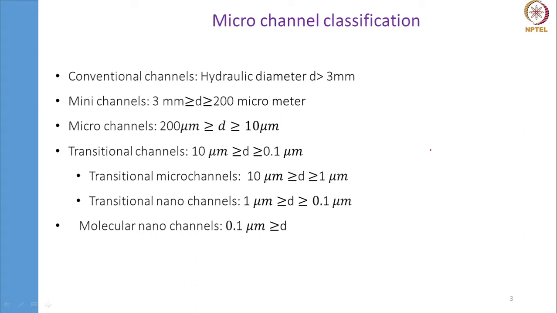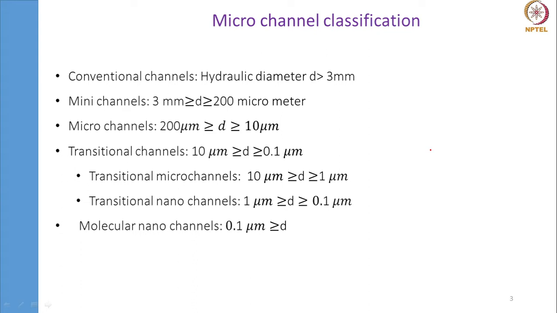As you see on screen, there are some demarcation geometries which define channels based on hydraulic diameter. However, in different textbooks or in different problems, there are different considerations for choosing mini channel or micro channel. This is the most widely used definition of mini channel and micro channel.